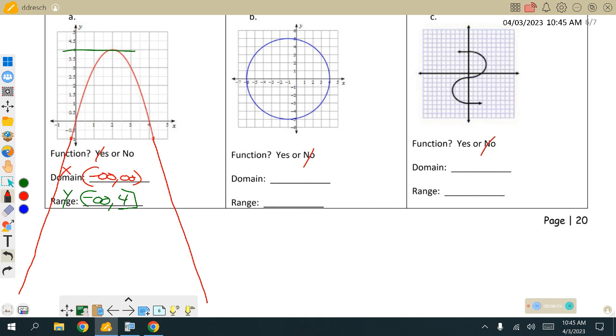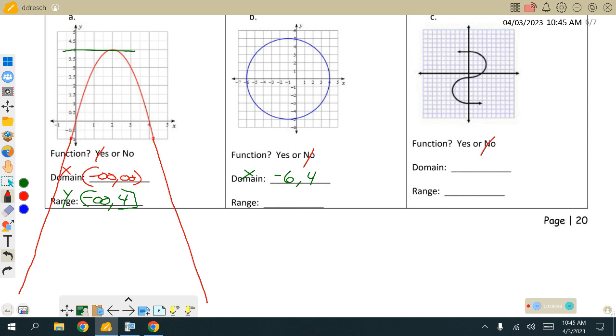Okay, the circle graph. Left to right, the domain. What's my leftmost x value? Read them more carefully. And what's my rightmost x value? 4. Okay? And what do the 6 and 4 get?